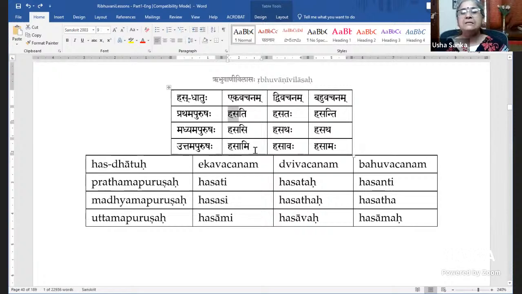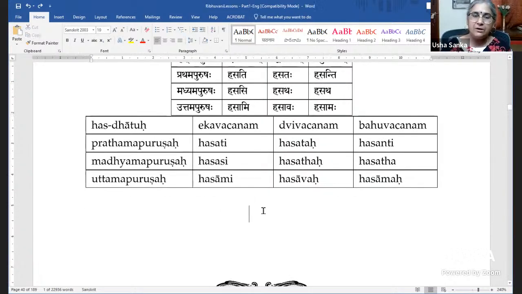We also practiced some replacements by putting, for example, nash in the place of has. So if we put nash, we have to follow that, oh, this is the fourth conjugation dhatu. So we need to put ya here. So it will become nash ya ti. Okay, in place of hasati, it will become nash ya ti. Okay, so this is how things work in Sanskrit.